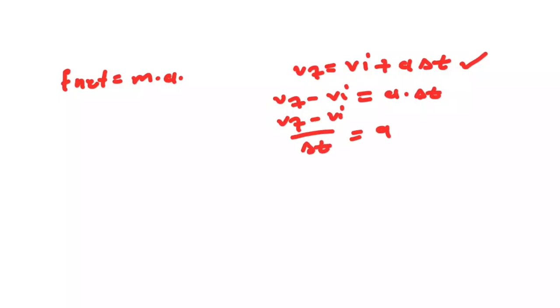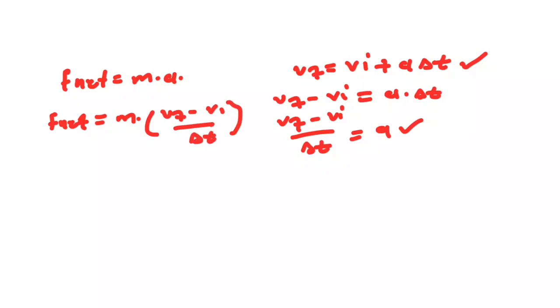What we want to do now is to substitute Vf minus Vi divided by delta T in place of a in F net is equal to ma. If we go ahead and do that, we're going to have F net being equal to M, and in place of a, we have Vf minus Vi, everything divided by delta T. If we multiply out, we're going to have the mass multiplied by Vf minus the mass multiplied by Vi, everything divided by delta T. What is mass multiplied by velocity?